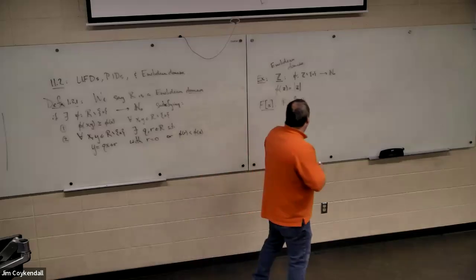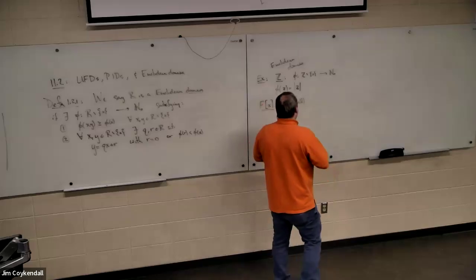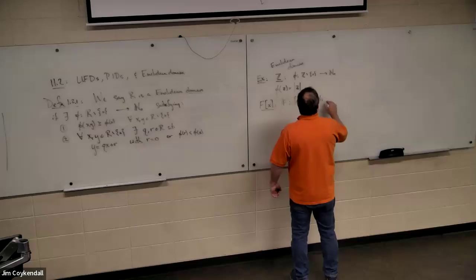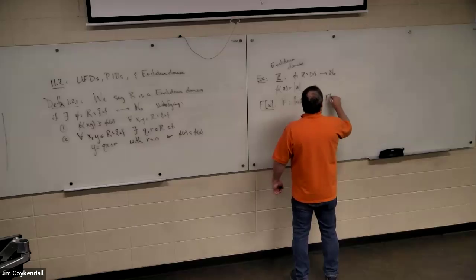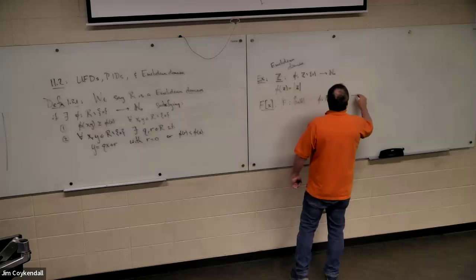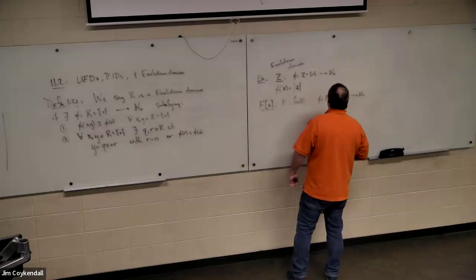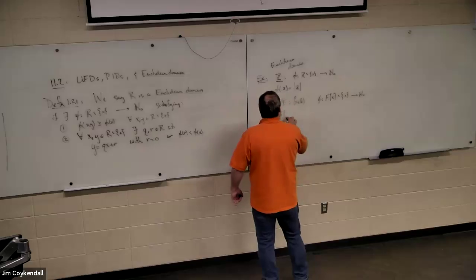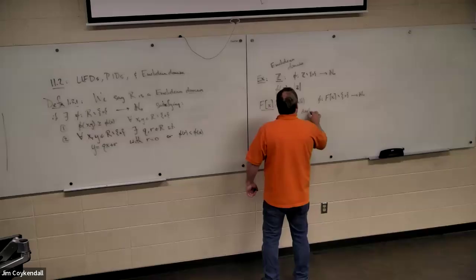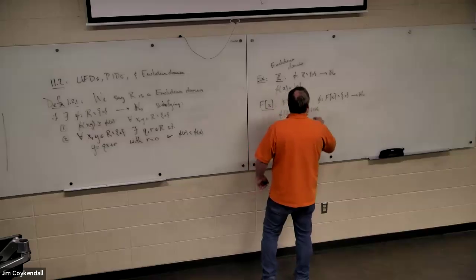Otherwise, there are problems with division. You have to be able to get all the scalars to divide. Here, phi from F[x] minus zero to the natural numbers union zero is phi of f of x equals the degree of f of x.